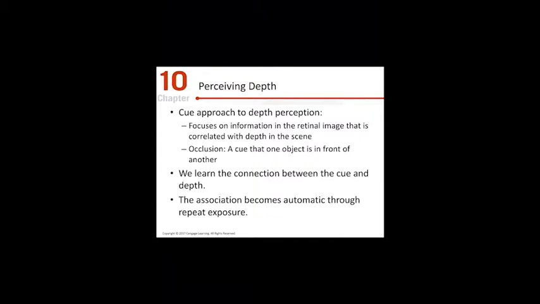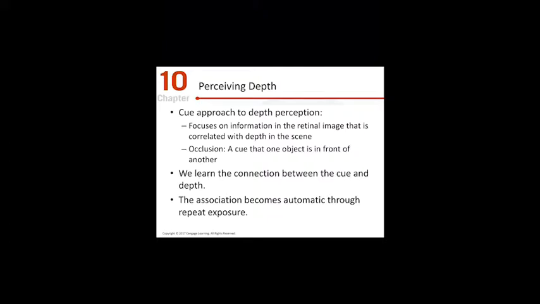One of a couple of the basic cues that we use is one that we're really reliant on, the image that's on the retina, and we are able to use cues to give us information on the size and depth of particular items in our scene.